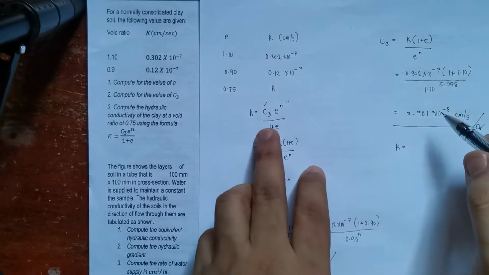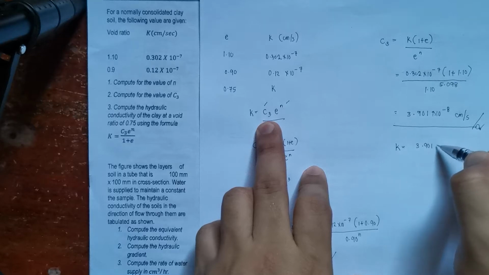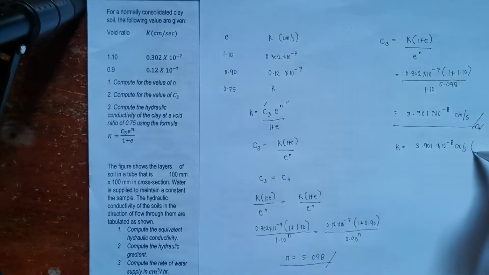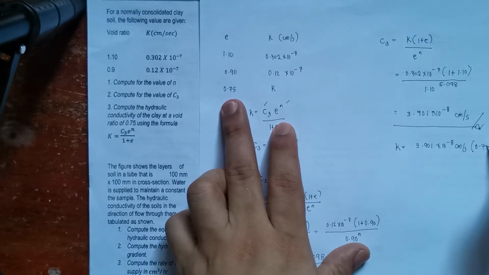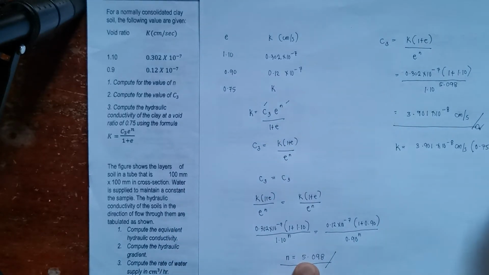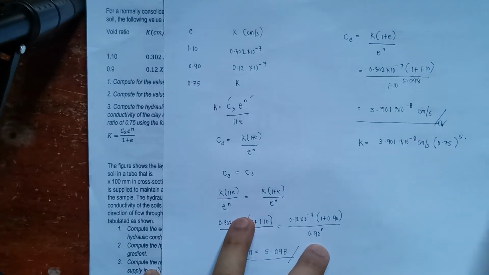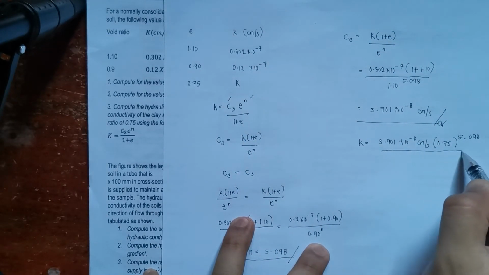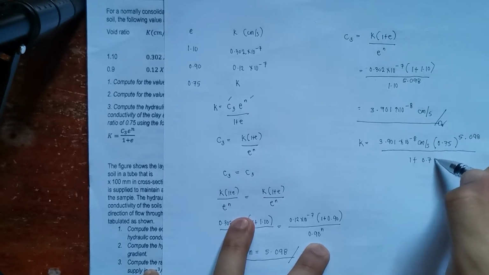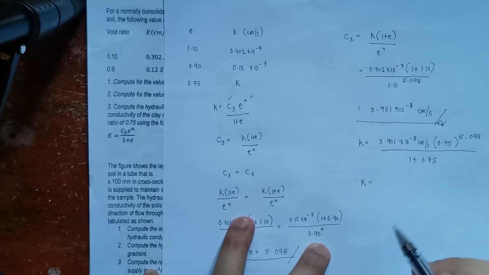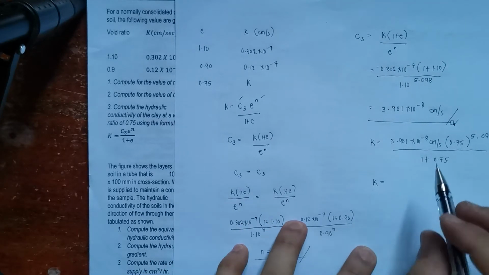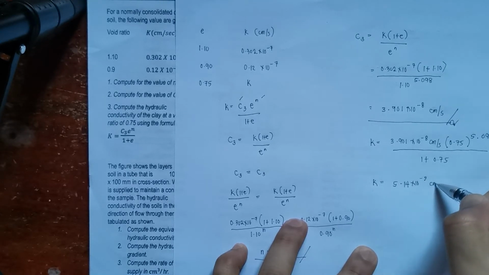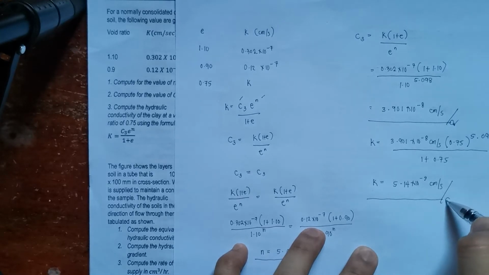We have K, C3 is 3.901 times 10 raised to negative 8 centimeter per seconds multiplied by E. The value of E is 0.75 raised to N, 5.098, over 1 plus a void ratio of 0.75. Computing for the value of hydraulic conductivity, we have 5.14 times 10 raised to negative 9 centimeter per seconds, the value of the third requirement.